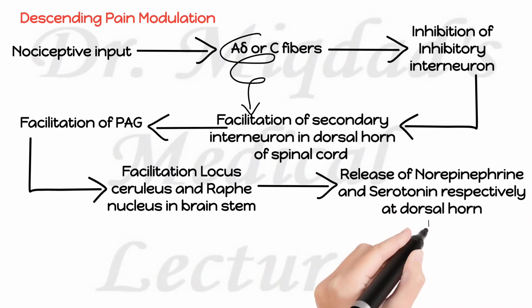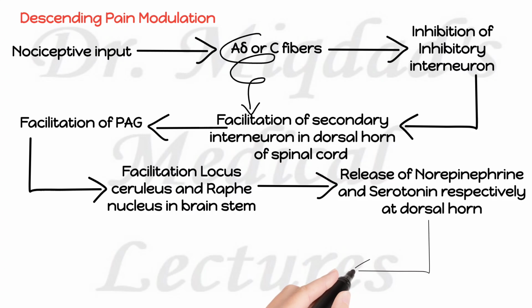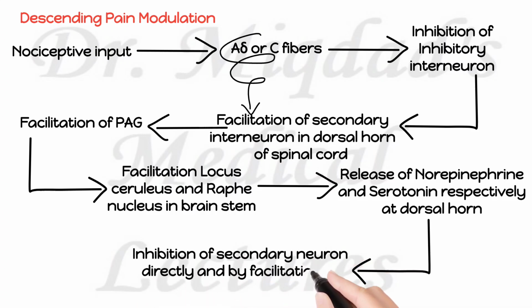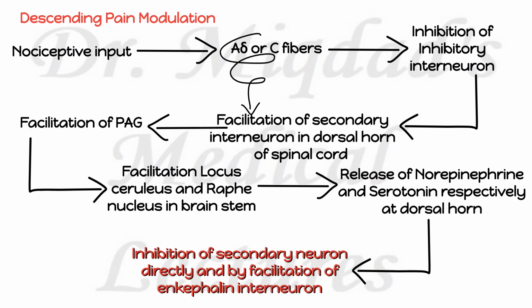where they directly inhibit secondary nociceptive neurons and indirectly inhibit them by facilitating inhibitory interneurons, thereby closing the gate for nociceptive impulses and thus reducing the pain. It is important to note here that the neurons from locus ceruleus release norepinephrine, and those from nucleus raphe release serotonin.